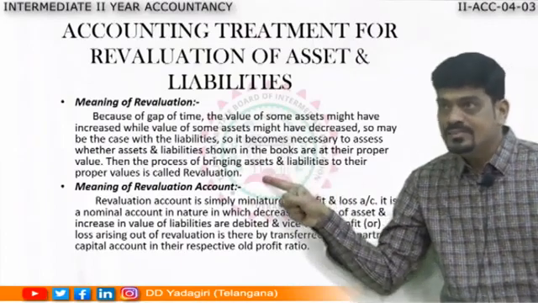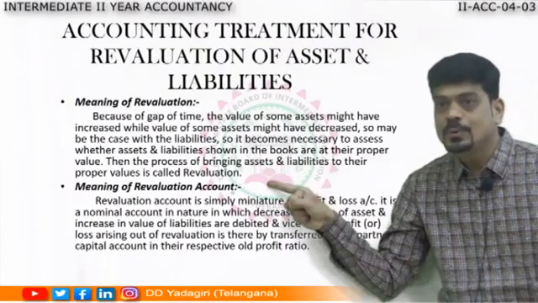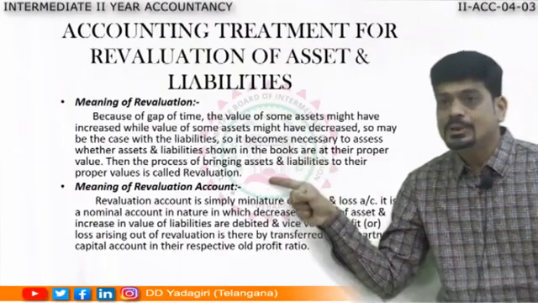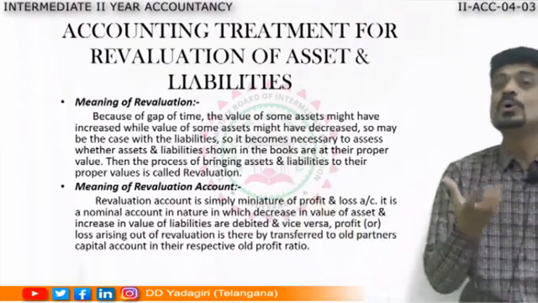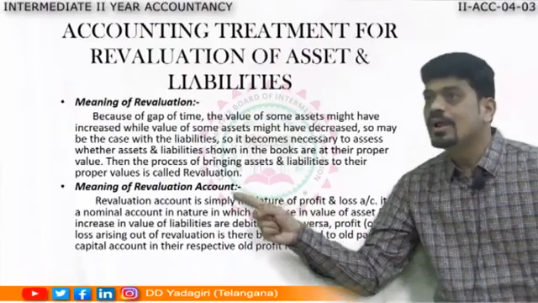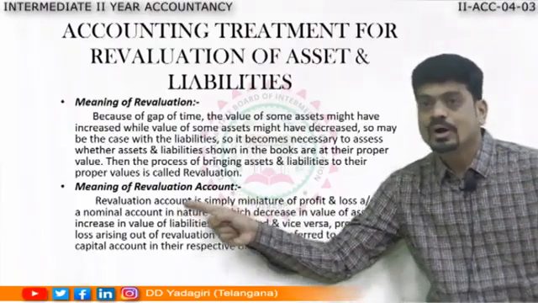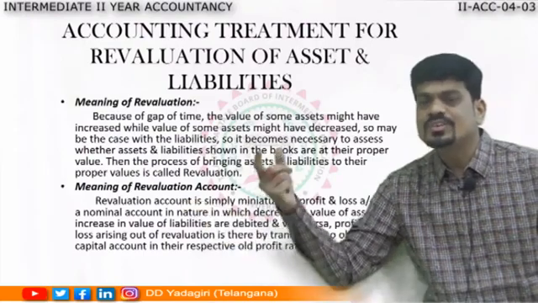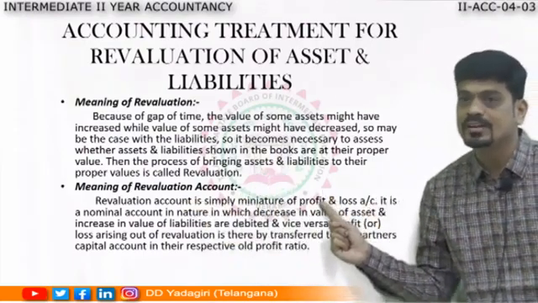And to bring these assets and liabilities to proper value, what we'll do? We will revalue them. In the sense, their increased value or decreased value, we are going to account in a special account which we call the revaluation account. It is very much similar to profit and loss account. What is the rule of profit and loss account?